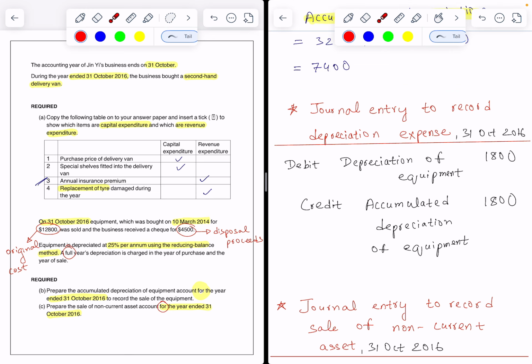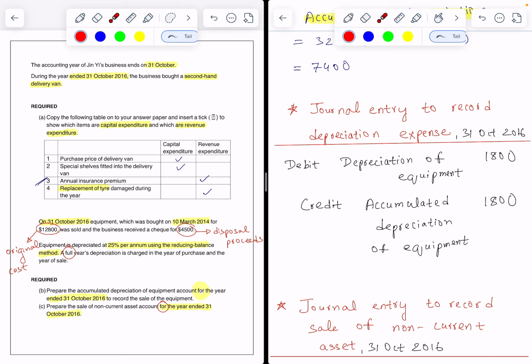Now, as you understand, accumulated depreciation of equipment is being credited here. And this is being credited because accumulated depreciation of equipment is a contra asset account. What do we understand by contra asset? Contra asset accounts record the reduction for a relevant non-current asset account, and the relevant non-current asset account in this case is the equipment account.